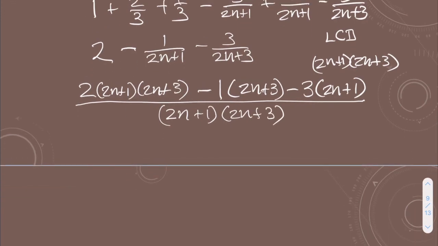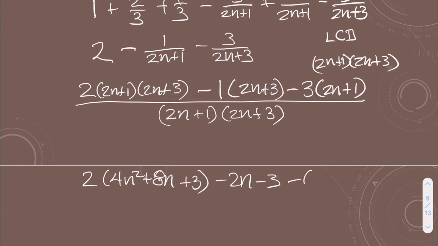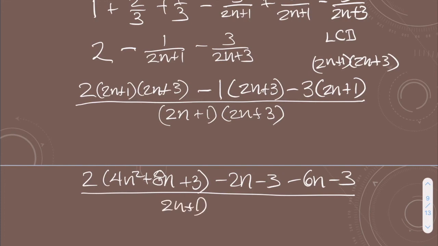So then that becomes 2 times 4n squared plus 8n plus 3, minus 2n minus 3, minus 6n minus 3, all over 2n plus 1 times 2n plus 3.